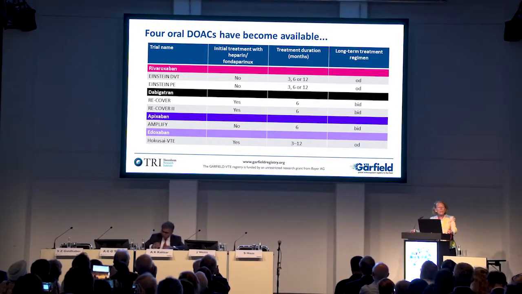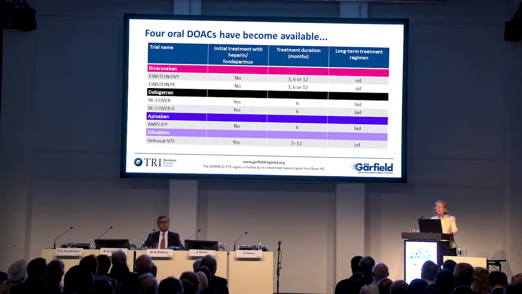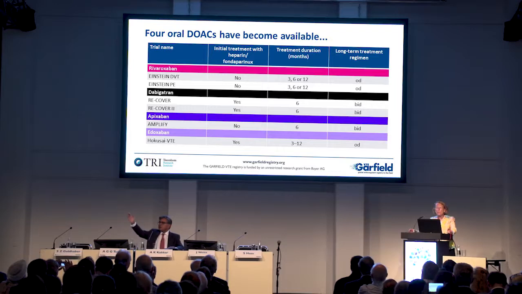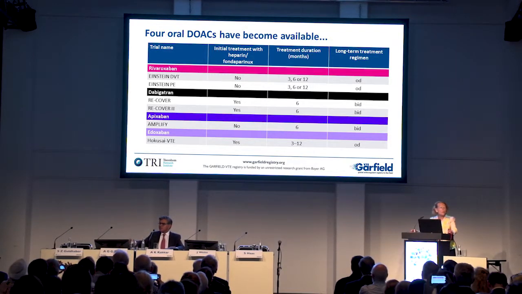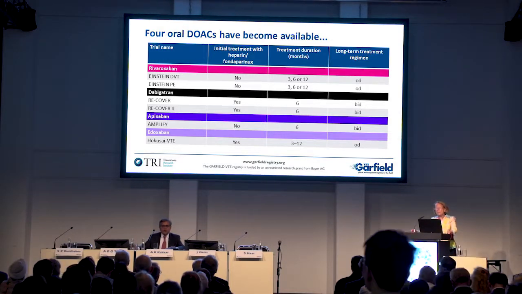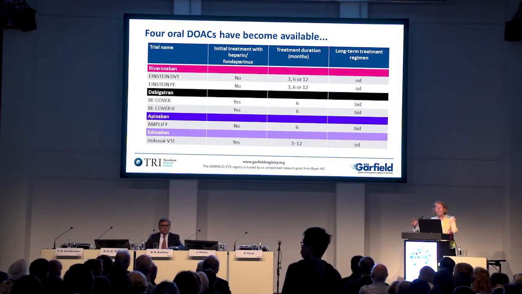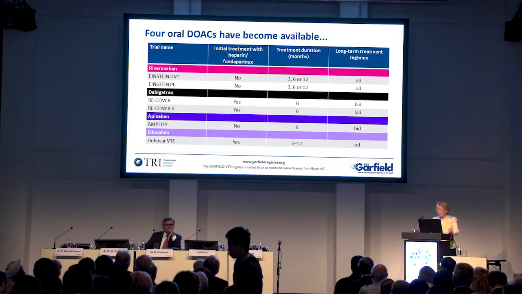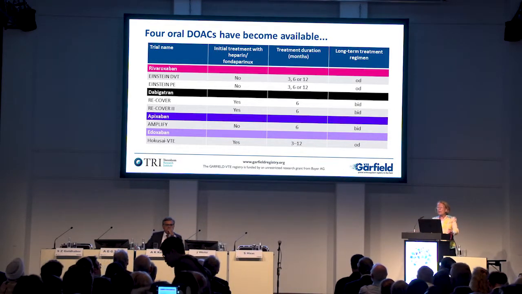There are slight differences between the regimens, but also differences between the strategies, because 2 of them, dabigatran and edoxaban, require routine parenteral anticoagulation therapy first before the maintenance dose of the DOAC is given, whereas rivaroxaban and apixaban had been developed as monotherapies, with intensified treatment in the beginning to mimic heparin therapy, followed by the maintenance dose over time.